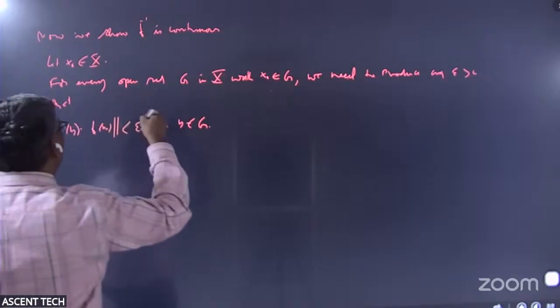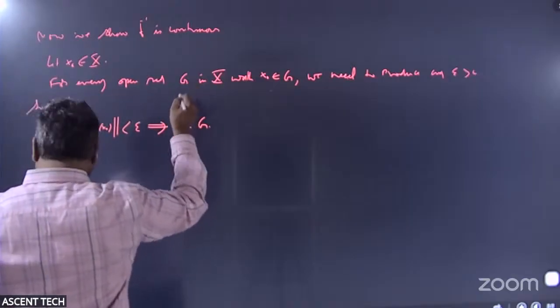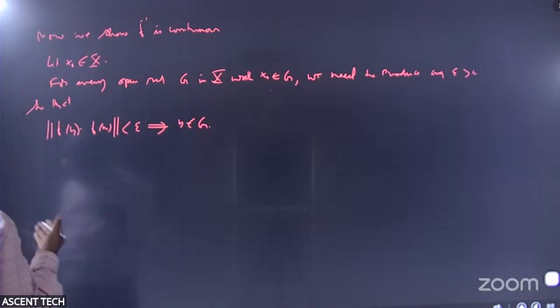For each G, maybe a basic neighborhood is okay. That's good enough.